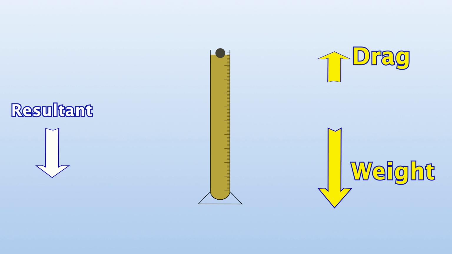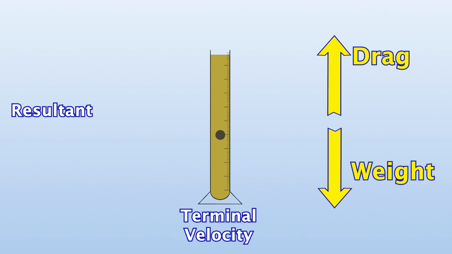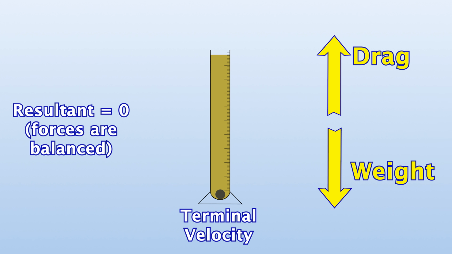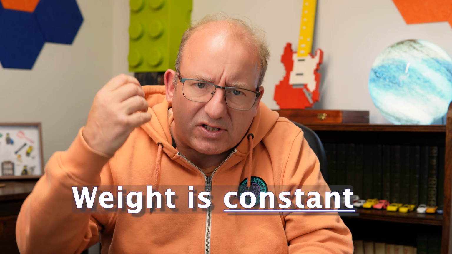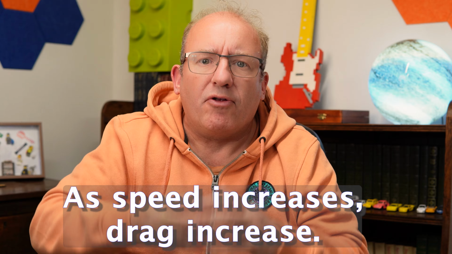Once again, when the drag becomes equal to the weight, the forces are balanced and the object reaches a terminal velocity. So in any exam question about falling objects, remember these 2 points. The weight stays the same, and as speed increases, drag increases.